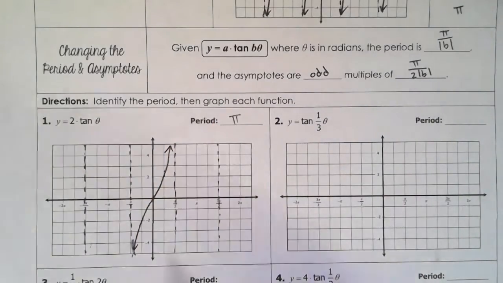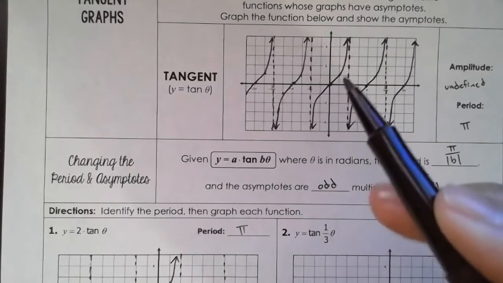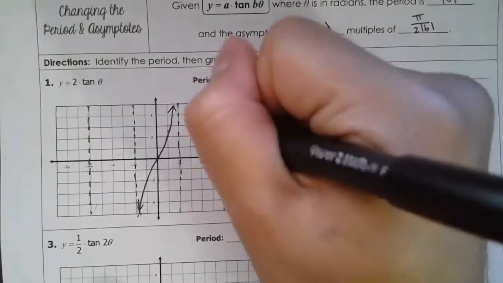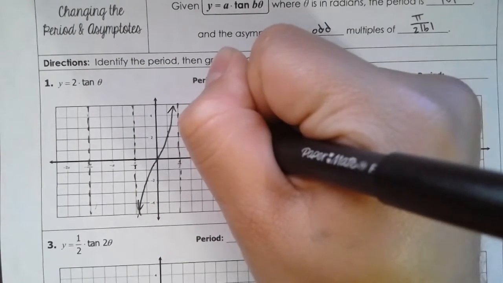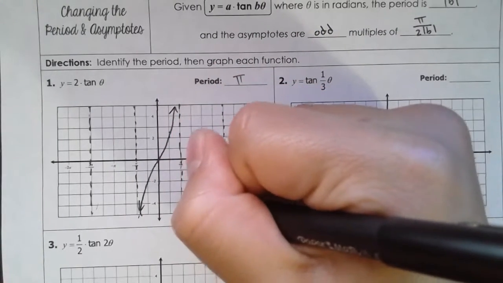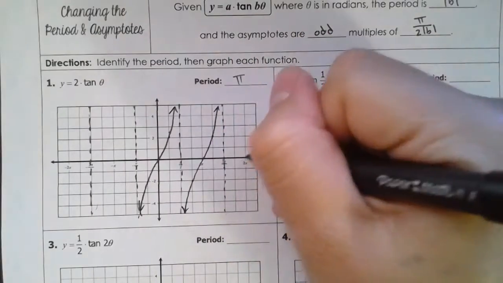I don't know if it's easy to tell, but there's a more bendy section here in the standard function as opposed to here now. Have one there and there. And that's basically it.